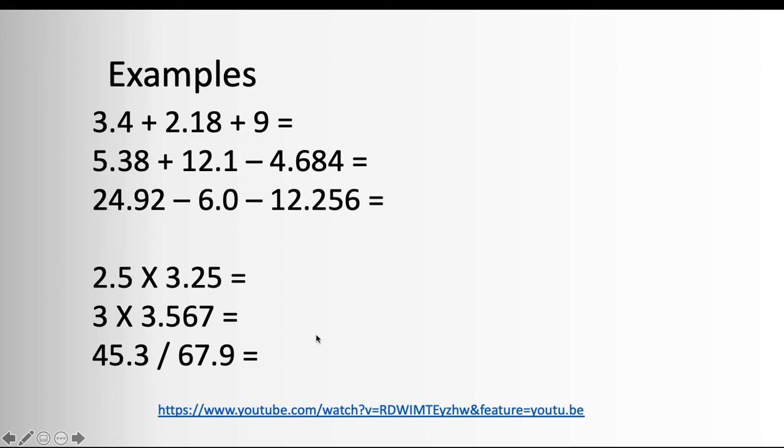I have these examples here and I have worked them out so you can watch the video on YouTube on how to do these. But I have subtraction and addition here and multiplication and division here. So when I add these numbers, my answer cannot have any more digits after the decimal place as the one that has the least. 9 here has no digits after the decimal point.